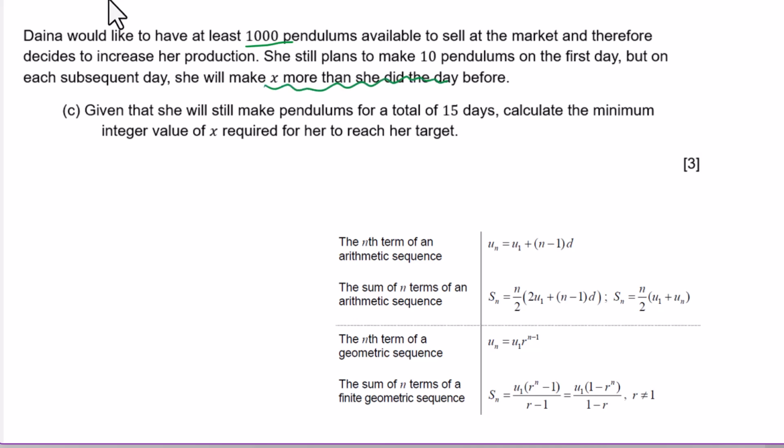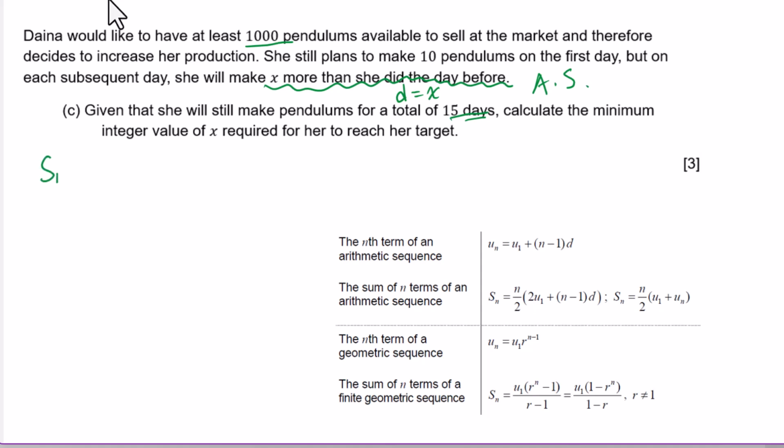X more than she did the day before means D equals X. Still arithmetic sequence. Given that she will still make pendulums for a total of 15 days, calculate the minimum integer value of X required for her to reach her target.